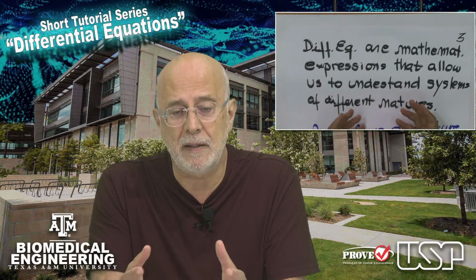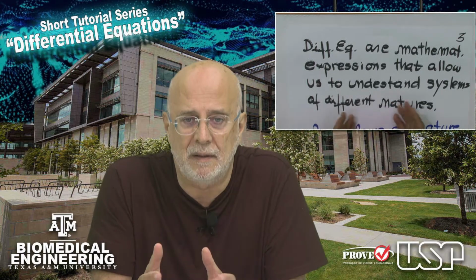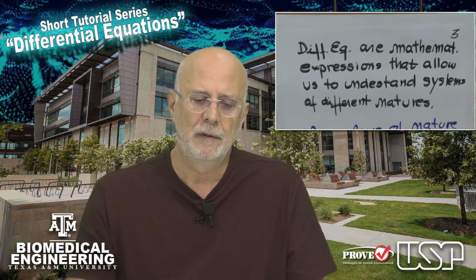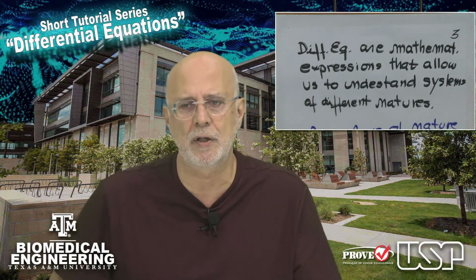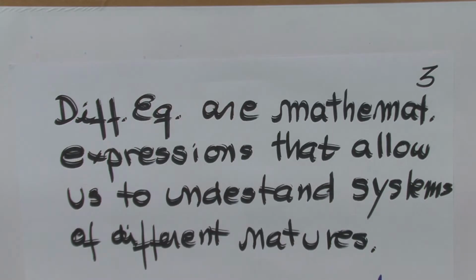The interdependence of the phenomena with respect to the many possible quantities involved. So that would be a fair definition of differential equation, I think, for engineers like us. We could, and for physicists as well.